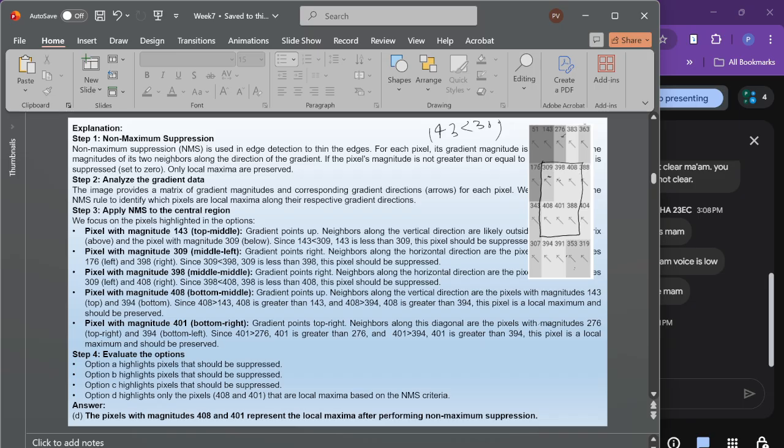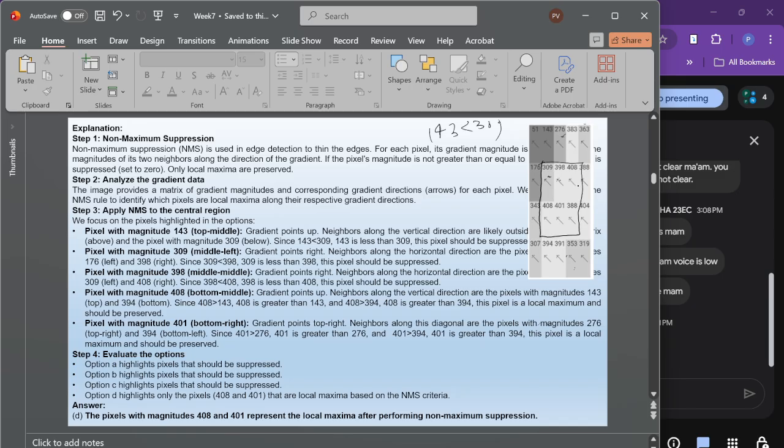Now we compare the neighborhood along the vertical direction, the pixels with magnitude 143 in the top, 383 for 408, and 394 in the bottom. The bottom middle pixel we need to check.